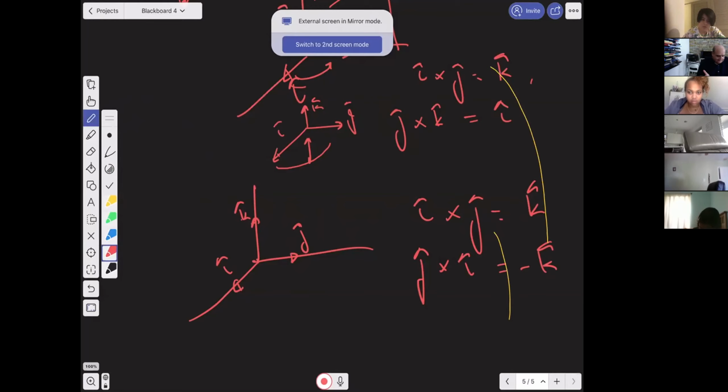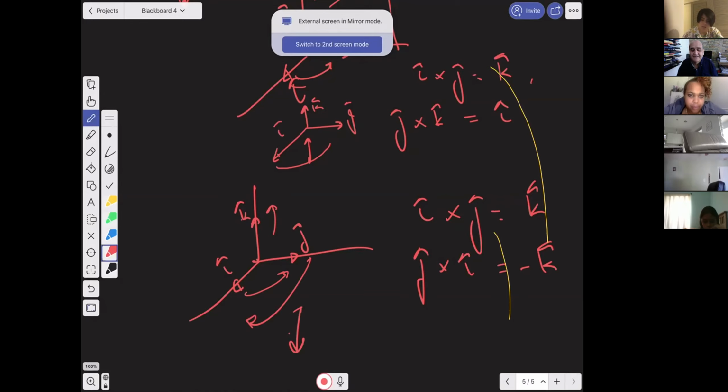What I mean is that to move from I to J, I can do it with my right hand, and my thumb will point like this. So you have to think immediately that this is anti-commutative. If you rotate J through I, the result will be going down. But you cannot do it with your right hand. You tend to do it with your left hand and you obtain up, but it's not up, it's down.